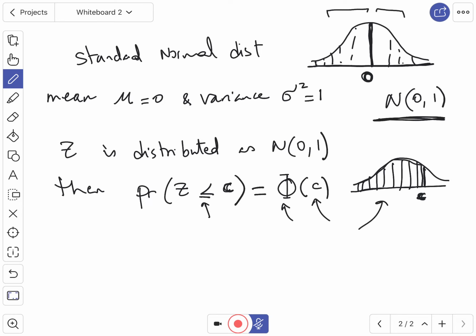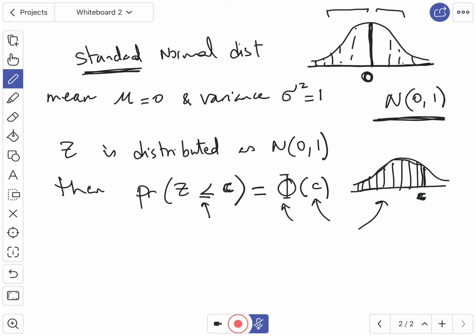So in order to use the standard normal table, we must standardize. The standard normal table you have as, I think, table 1 of your textbook. We must standardize the variable. We cannot just go ahead and use a table which is called standard normal without standardizing the variable.